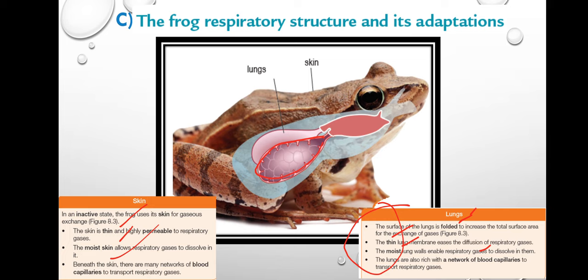Imagine you wear a swimsuit, very tight, and another one you wear a t-shirt. A swimsuit is very tight, so the surface area will be small, but for a t-shirt the surface area is bigger, even though both are covering the body. That is how it increases the surface area over volume ratio for the frog.